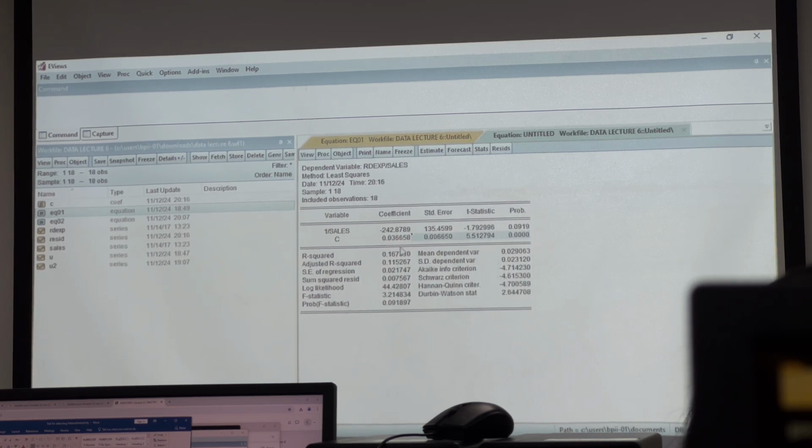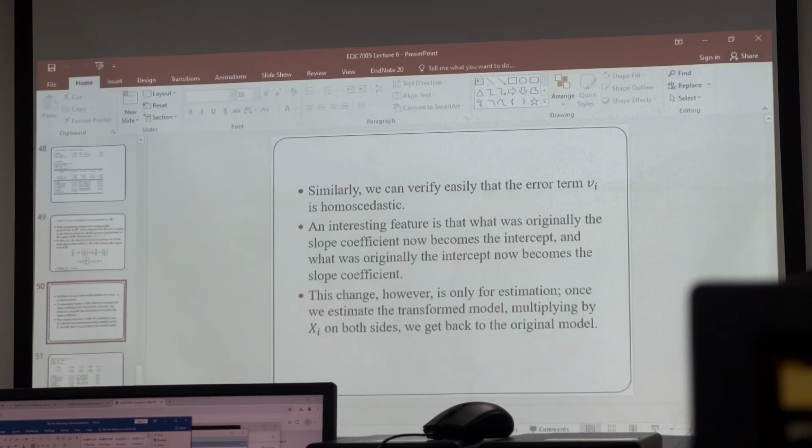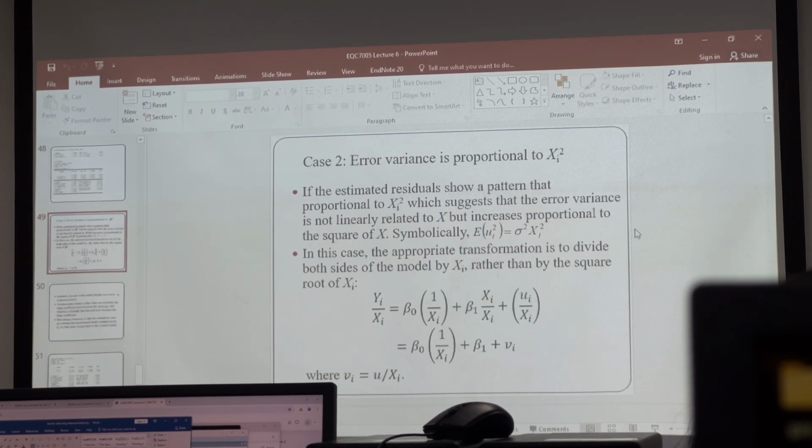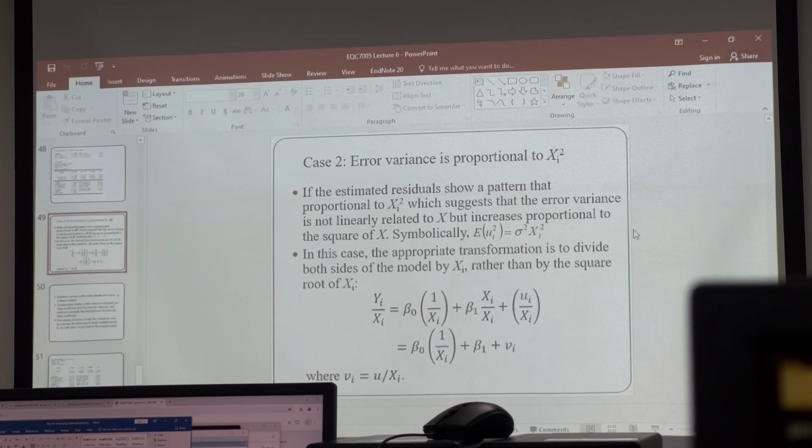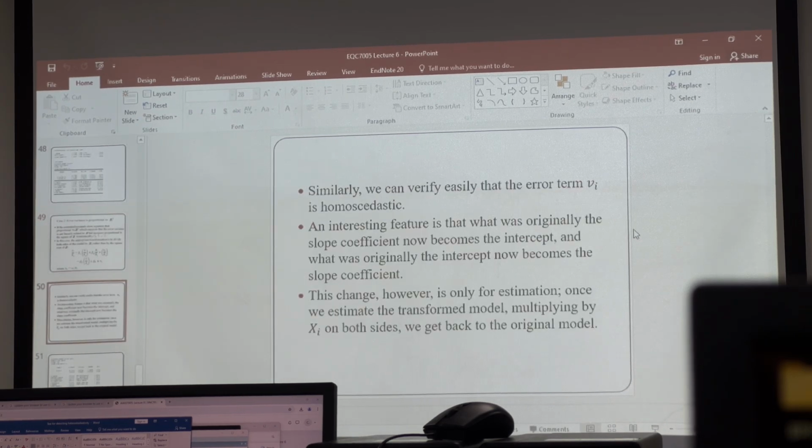But this one is also quite similar. So notice that an interesting feature is that what was originally the slope coefficient now becomes the intercept.